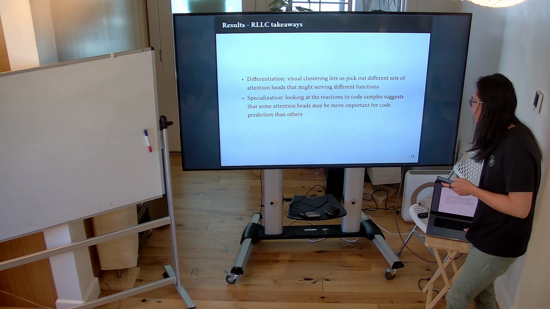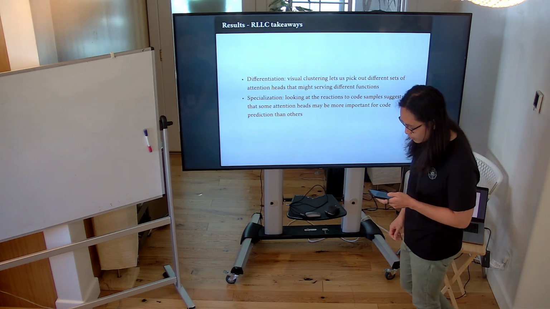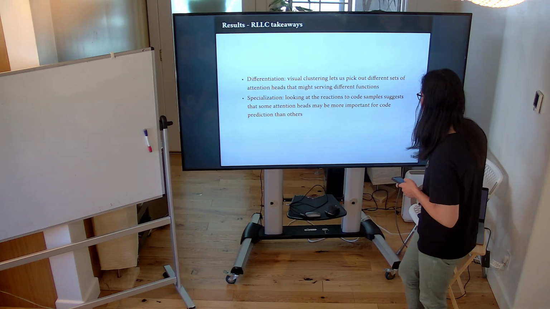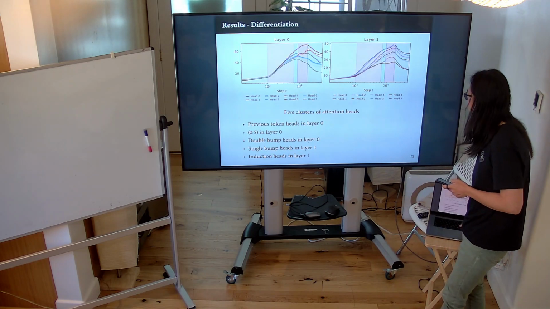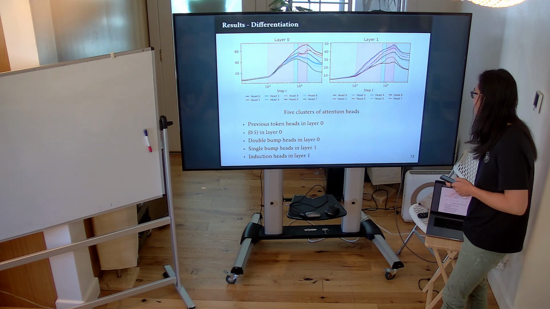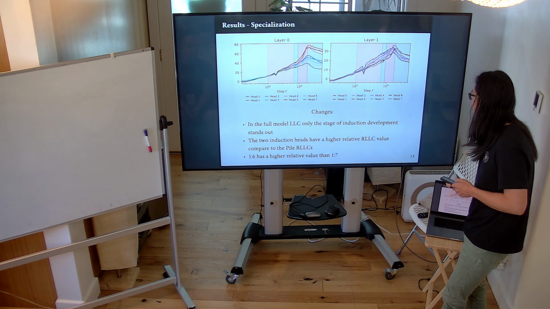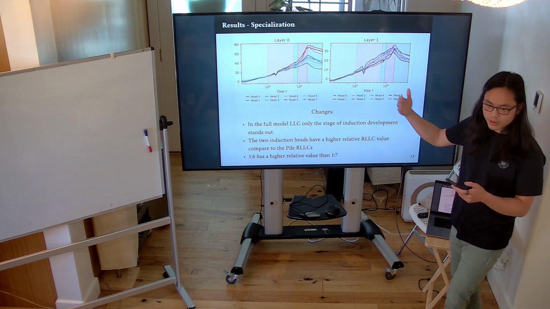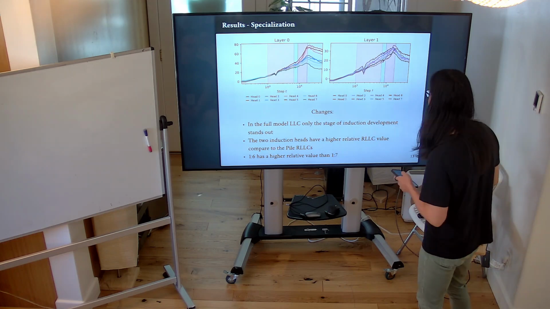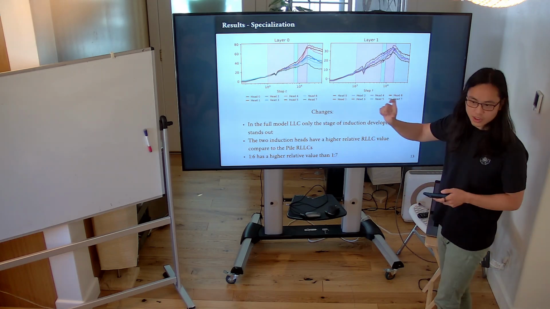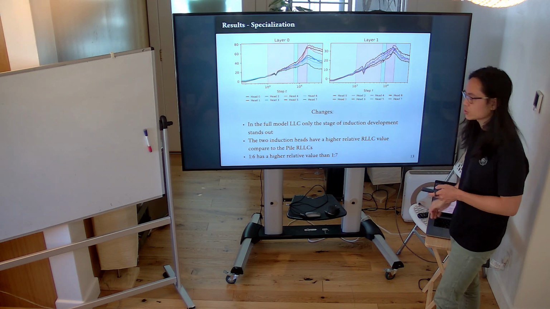We also get some insight into how these heads are specializing. We can distinguish the attention heads from the other heads just by visual inspection, but we also get to see what they're better at. And even between the two attention heads, we might be able to see something about how they are specializing relative to each other.